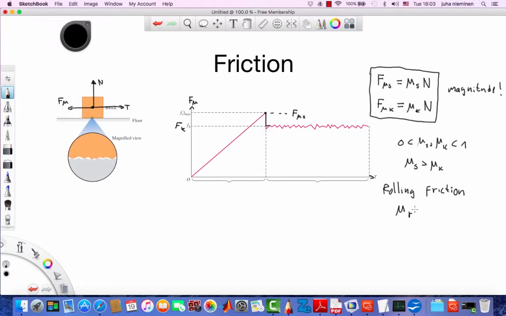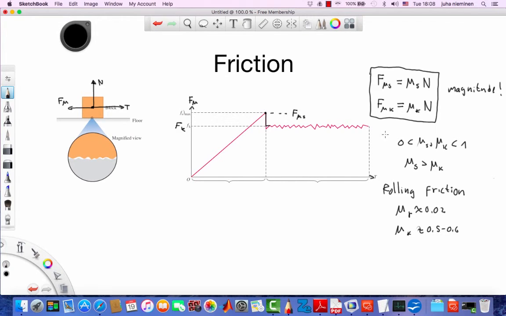A typical value for mu r in the case of car tires is about 0.02. And let's say for aluminum sliding on concrete, for example, we're talking about 0.5, 0.6, just to give you an idea.